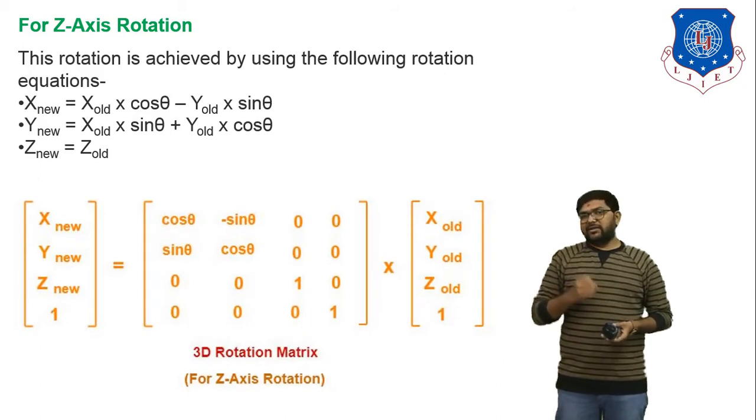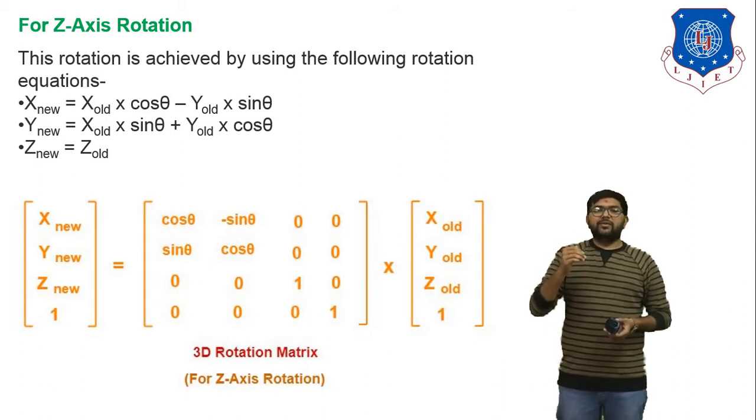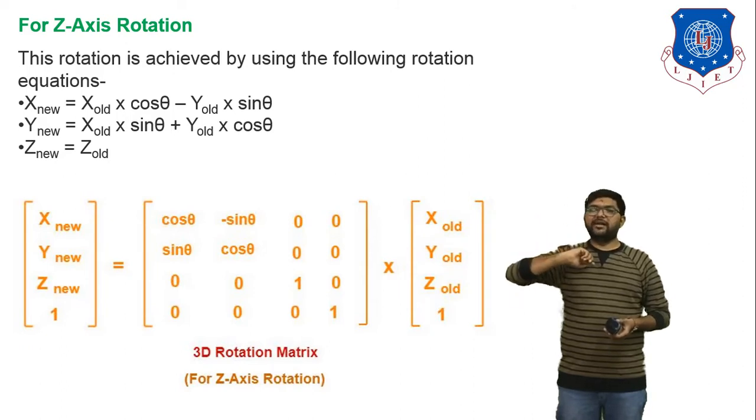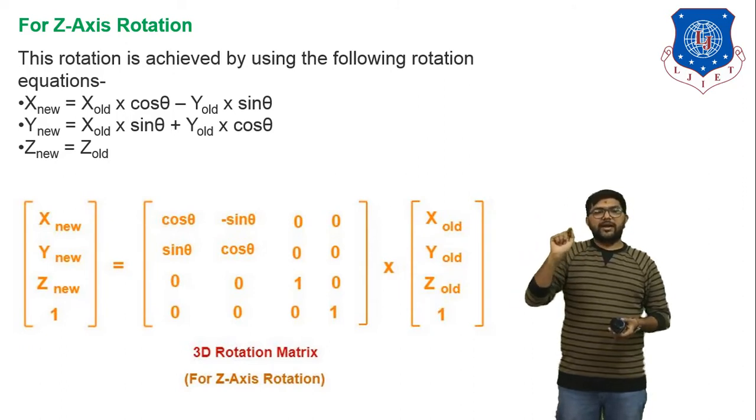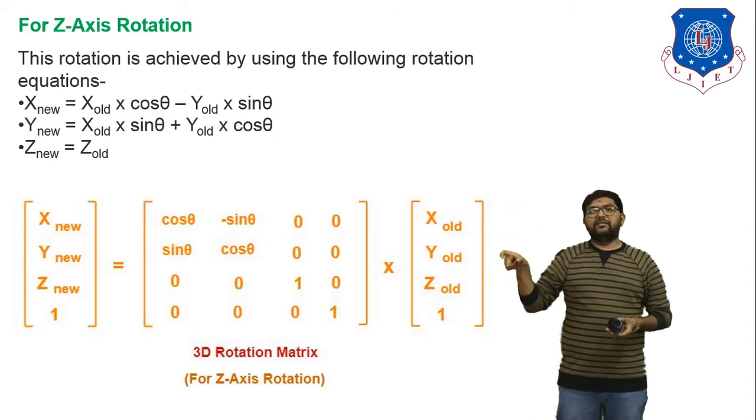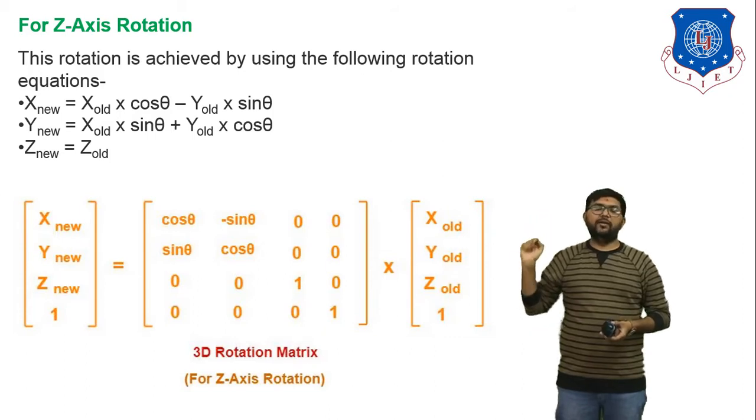So that is the equation for x new, y new, z new and 1. The above three equations we converted into one single matrix equation like this: cos theta, minus sin theta, 0, 0, sin theta, cos theta, 0, 0, 0, 0, 1, 0, 0, 0, 0, 1, and in the multiplication we put the old point coordinates like x old, y old, z old.